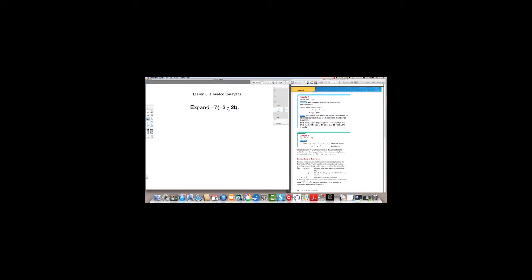So if we were to expand that, we have a -7 times a -3 minus 2t. You notice I put a little tail on my t. That's to make sure that I don't confuse it with a plus sign. In this context I wouldn't, but in other situations I might. So it's a good idea to be careful about how you write your letters to make sure they don't confuse you.